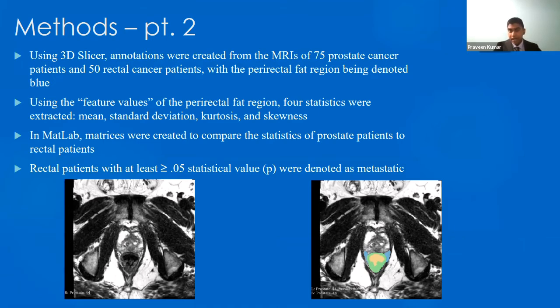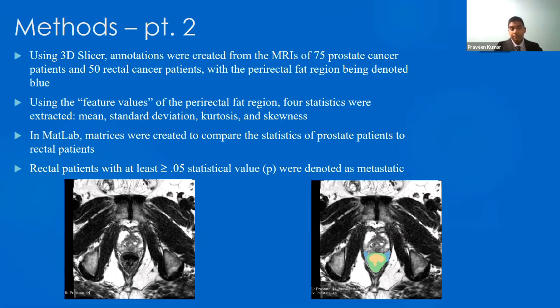To actually determine if a patient had metastatic cancer, we extracted 4 important statistics from this region: the mean feature value, the standard deviation value, the kurtosis value, and the skewness value. Using the MATLAB program, we used these values to compare the rectal cancer standpoint to a prostate cancer standpoint.